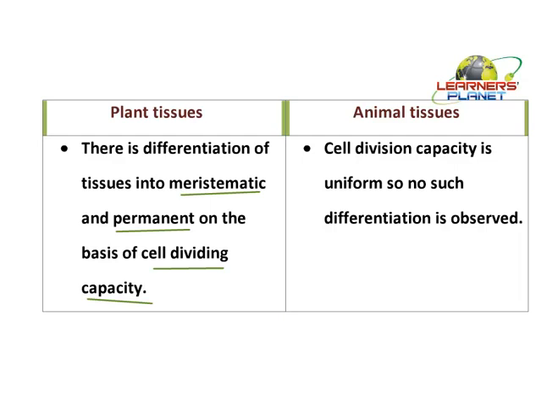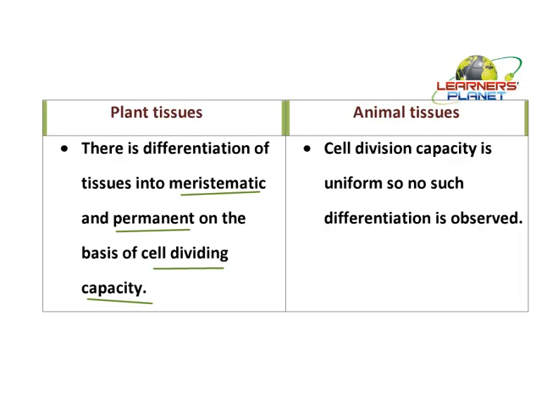One tissue has a high capacity for cell division. They can divide continuously. Whereas there is some other group of tissues in which the dividing capacity is limited, or it is nil. It is completely zero.